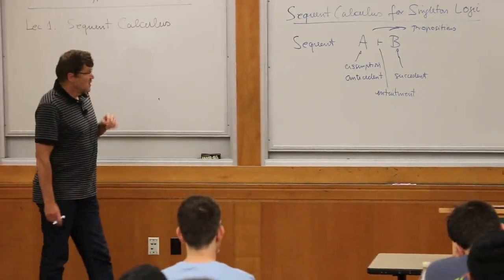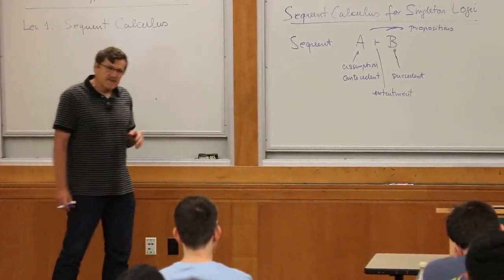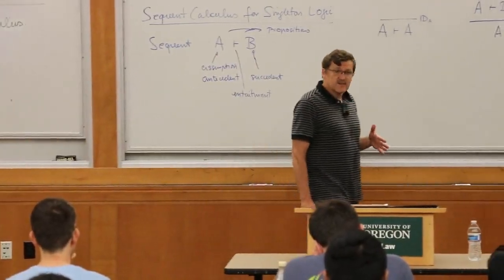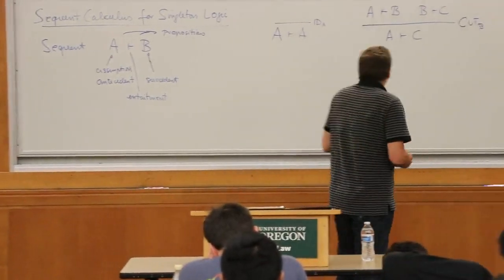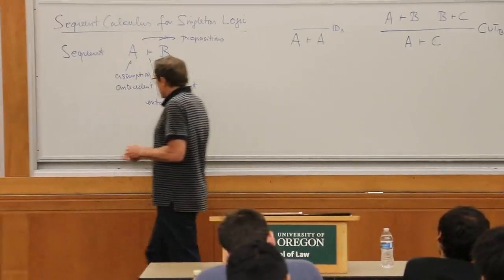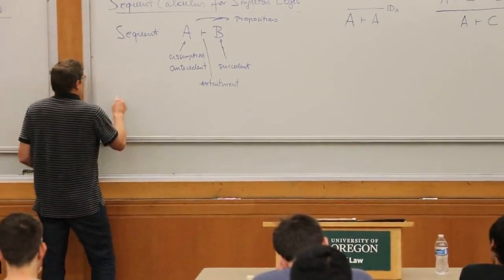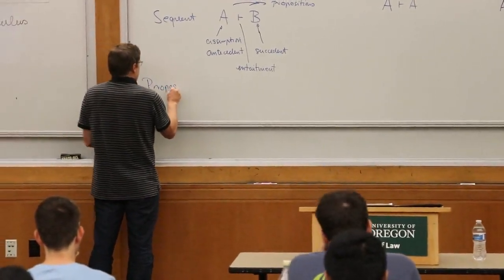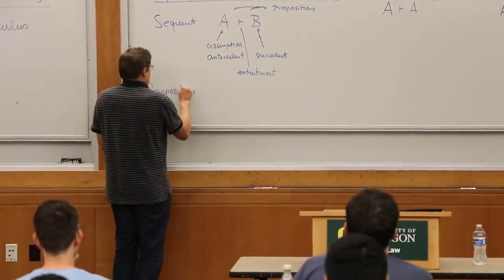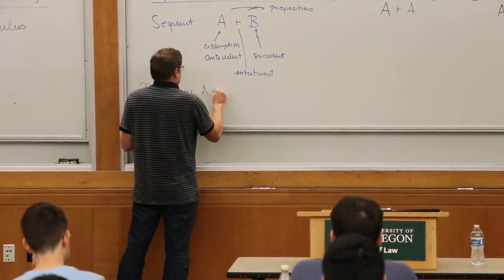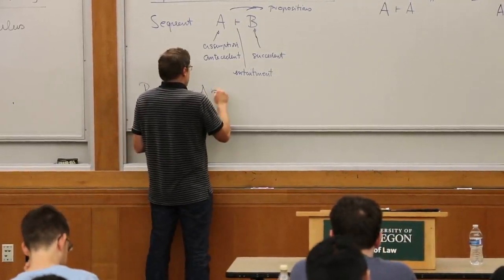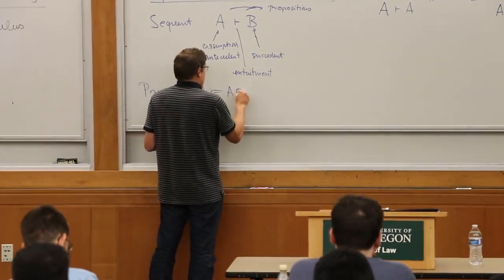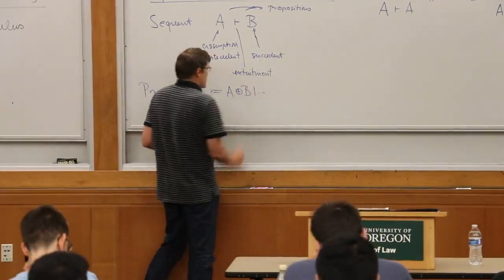Okay. So now we have to introduce some logical connectors to build bigger propositions from smaller ones. And I'm going to start with disjunction. So somewhere here we're going to build up our propositions: A, B, and A plus B, and there's going to be more to come.